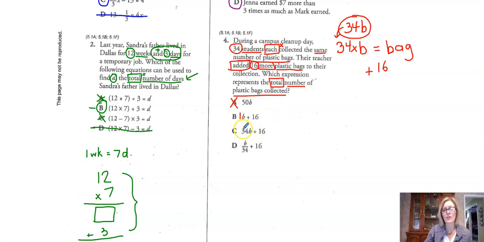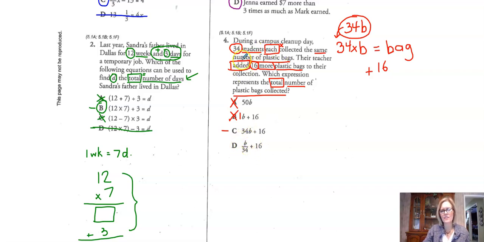So this is looking good right here: 34B, which means 34 times B plus 16. Let me mark that one up here. This is looking like the one we need. On this one right here, this is B divided by 34, or B over 34. Anytime you see a fraction, that's a dividing problem.